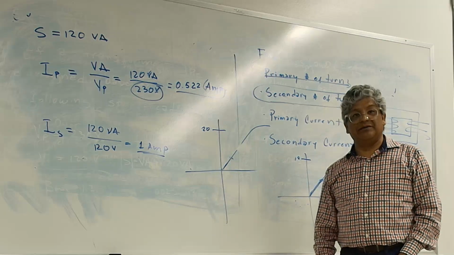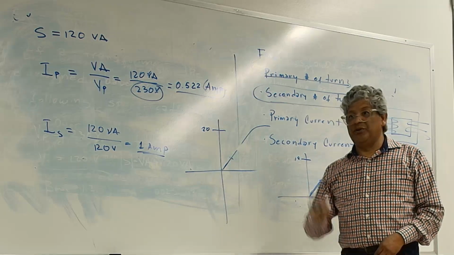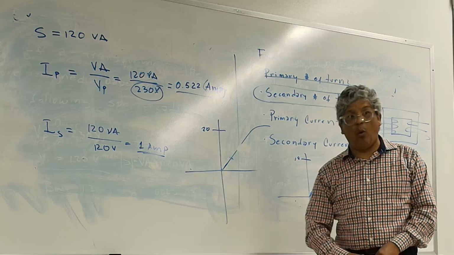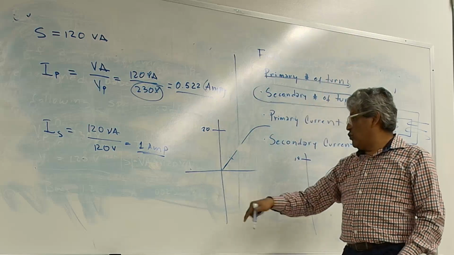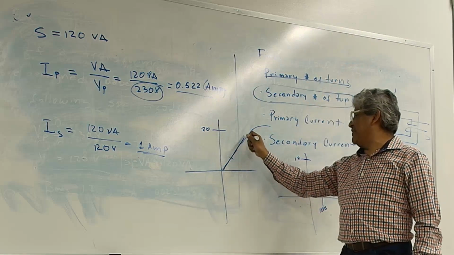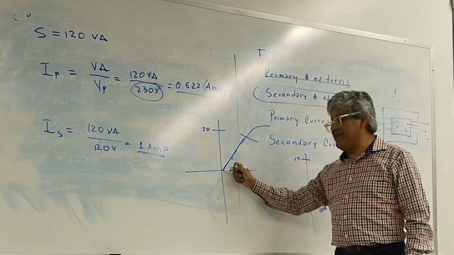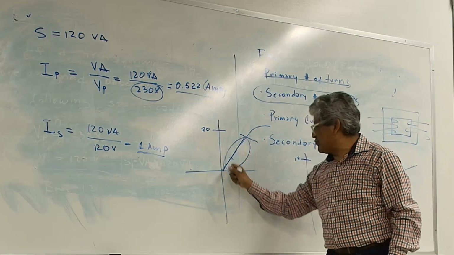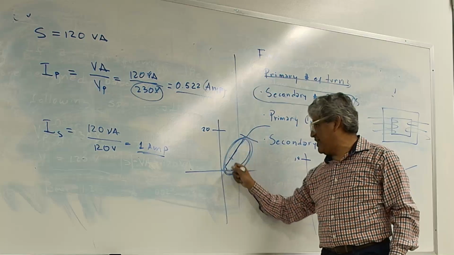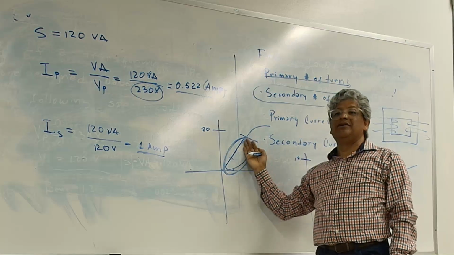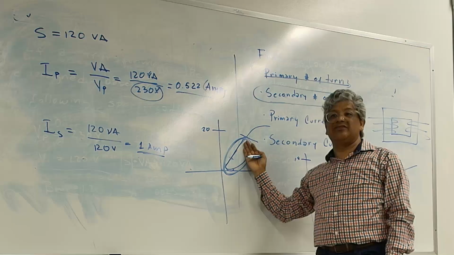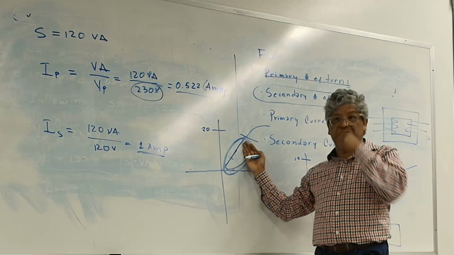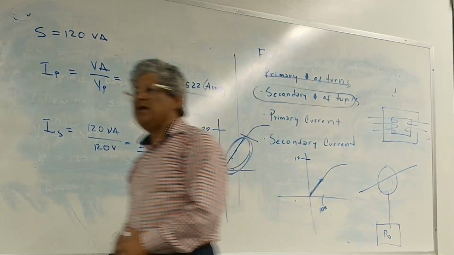But when you have a fault on the system, the current is going to go up. So that transformer better have a very wide linear region, because that results in very high currents, and you want to get a voltage out of this that is not distorted, because the relay wants to see it. Do I make sense, everybody?